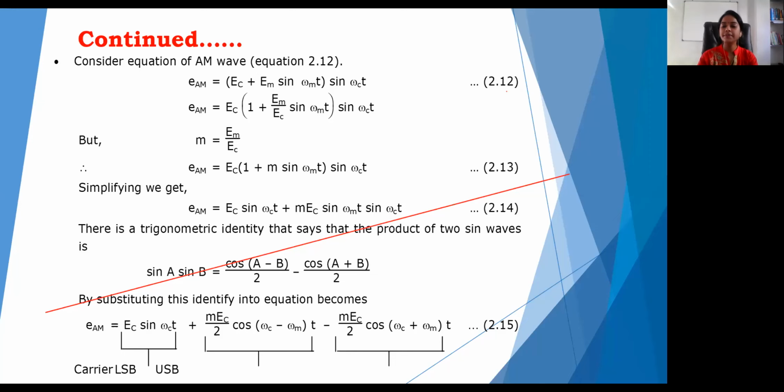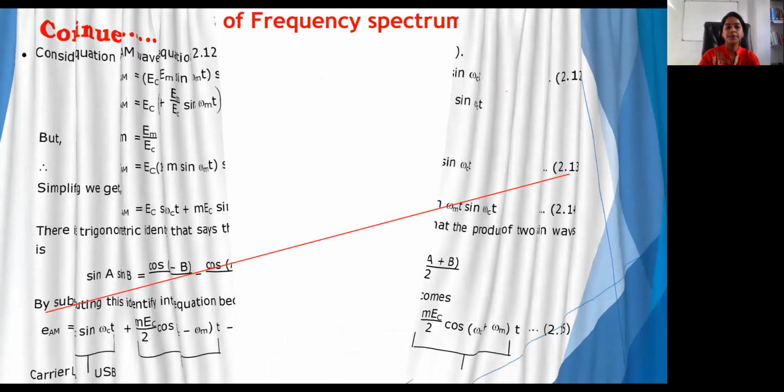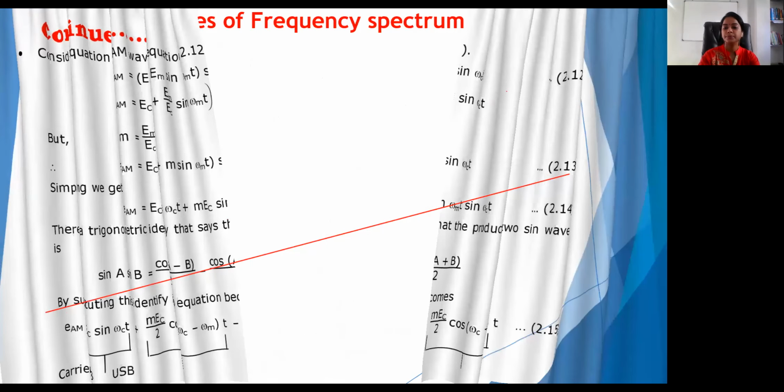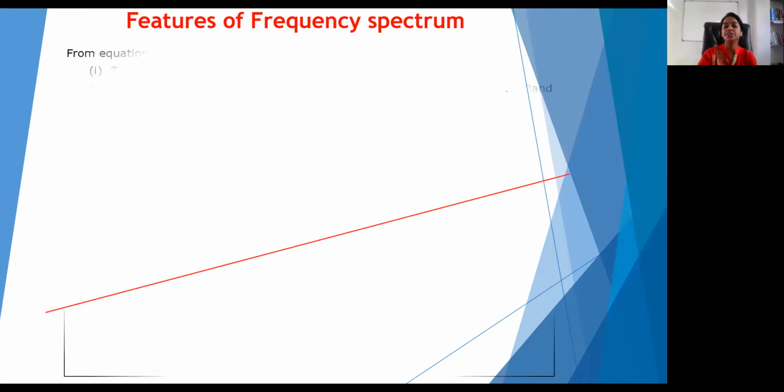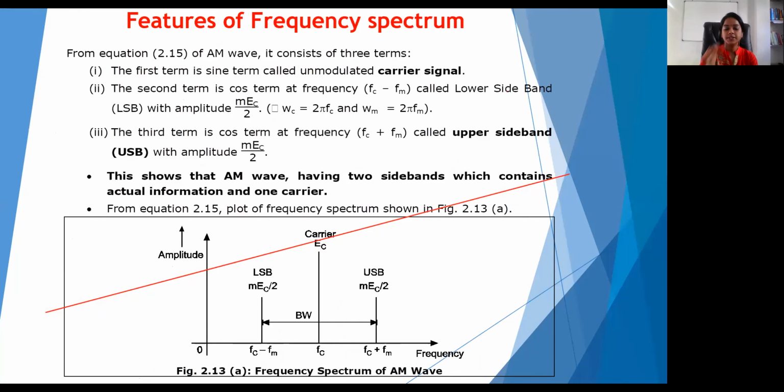Here we have derived the formula for upper sideband, lower sideband, and how the resultant amplitude modulated signal looks like. For that we have derived the formula, and then the features related to the frequency spectrum of amplitude modulated wave.